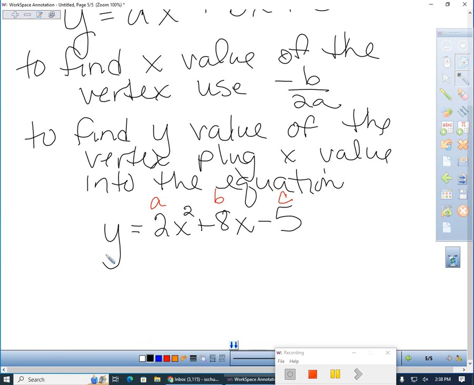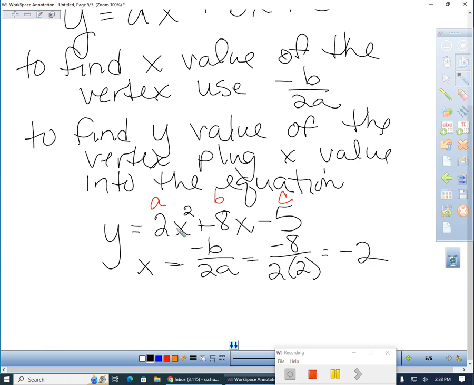So to find x, I have to do negative b over 2a. So I have a negative b, which is 8, over 2 times a, which is 2. Negative 8 divided by 4 is negative 2. So I know my x value of my vertex is negative 2.